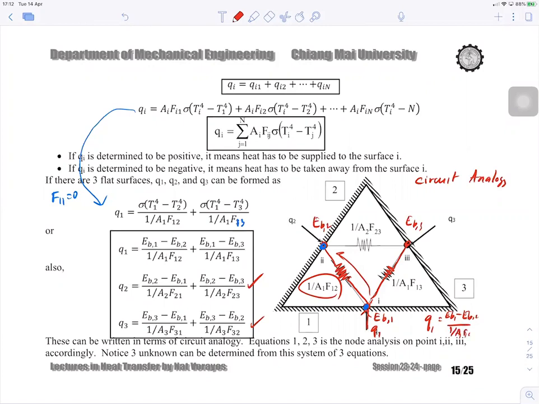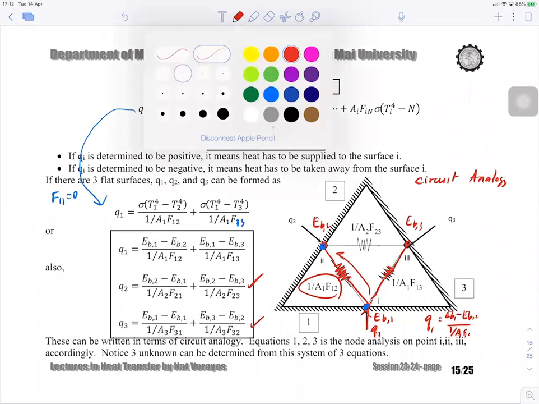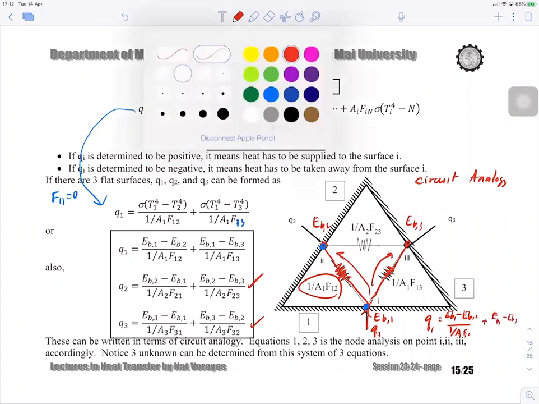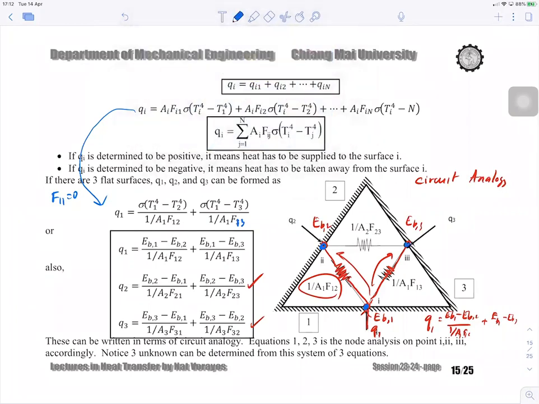And how about on this side? On this side it is across EB1 minus EB3, right? Because this is the potential across the resistance like that. Resistance would be 1 over A1F13. So you can write the equation in terms of nodal analysis too, right?